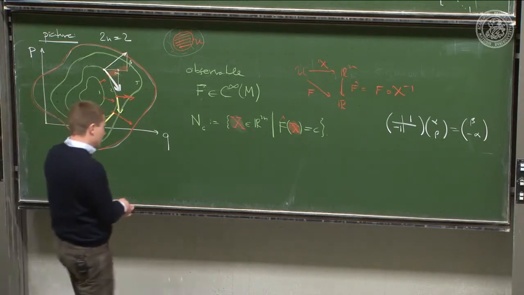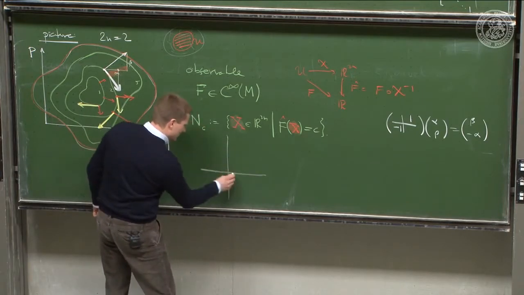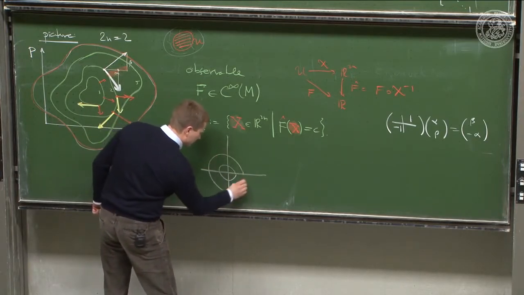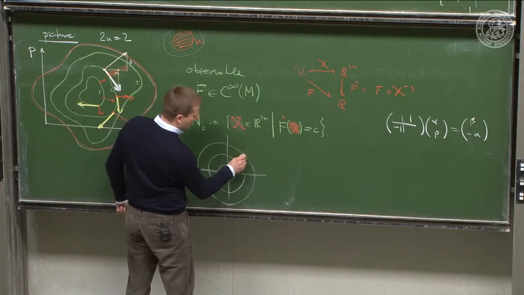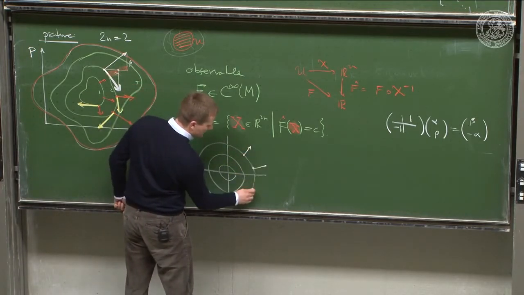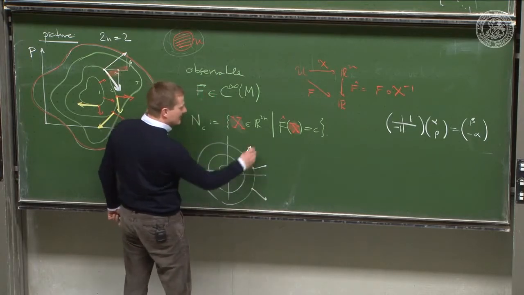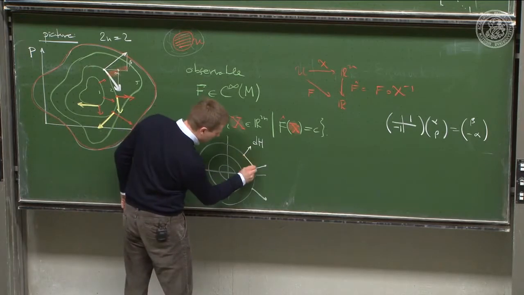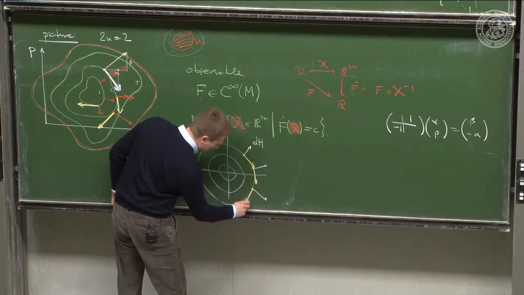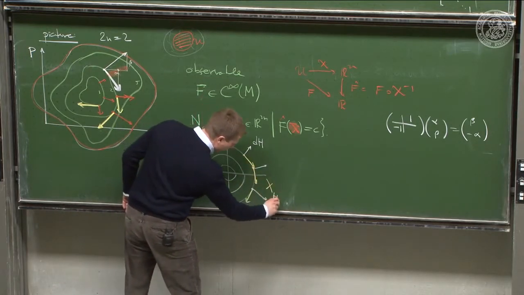So let's do this for a Hamiltonian for the oscillator. The DH covector field would become this XH vector field.